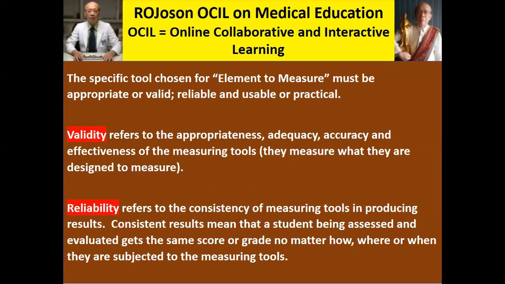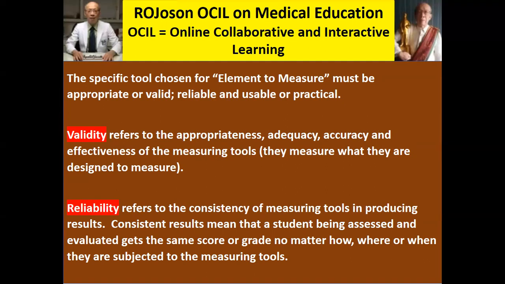The specific tool chosen for elements to measure must be appropriate or valid, reliable, and usable or practical. Validity refers to the appropriateness, adequacy, accuracy, and effectiveness of the measuring tools, meaning they measure what they are designed to measure.